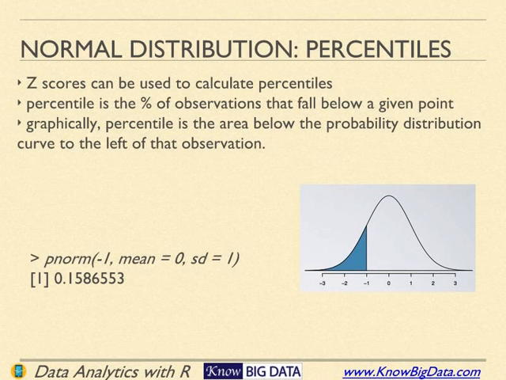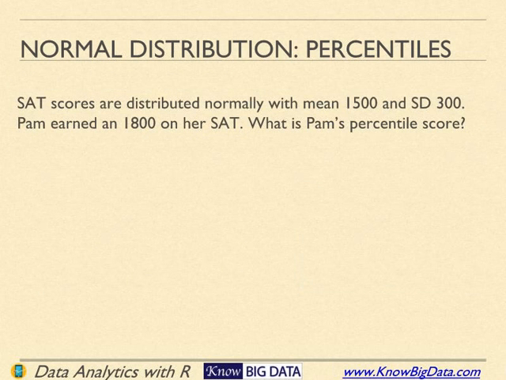So for -1, this is the area returned by pnorm. 0.15 means 15% of the total area. We will utilize pnorm quite often, and again and again it will give us the area of this graph.